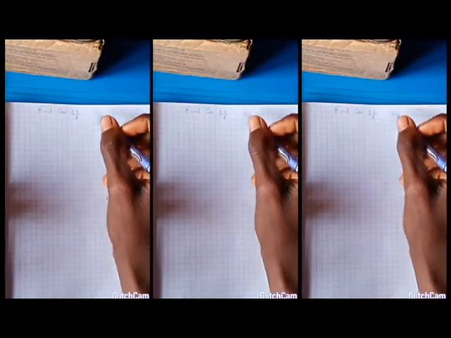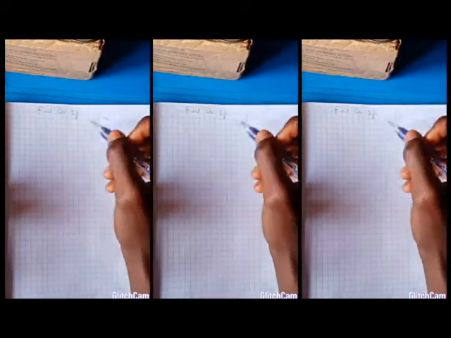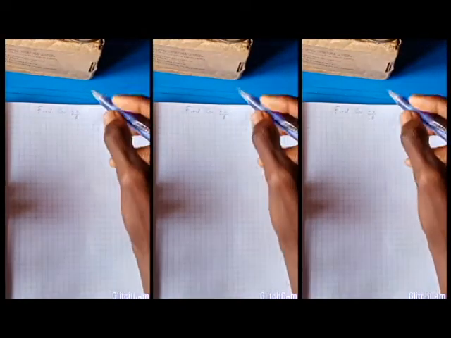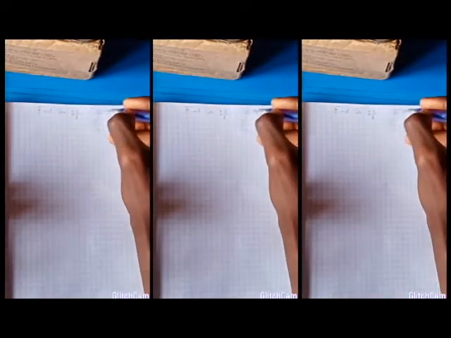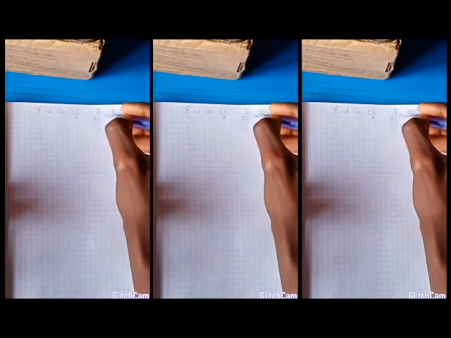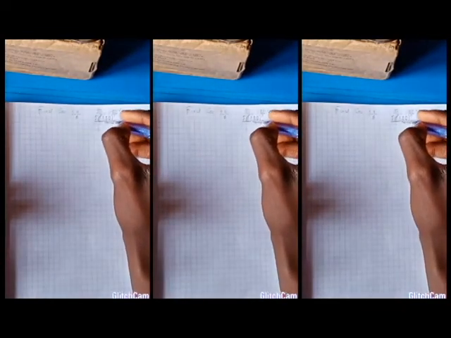Let's try another example. Let's find the cosine of 5 pi over 6. Since the problem is in radian form, the first thing we have to do is convert the angle from radians to degrees. We know that pi equals 180 degrees. So we can simply exchange and do 5 times 180 degrees over 6.